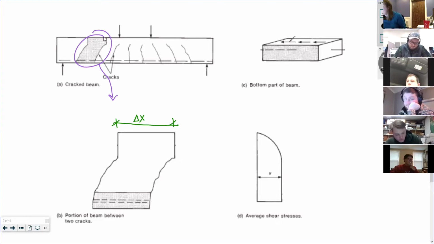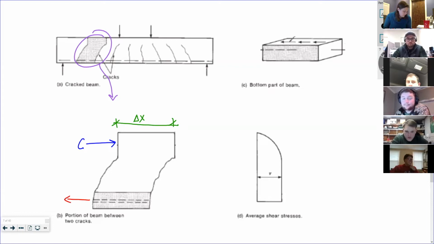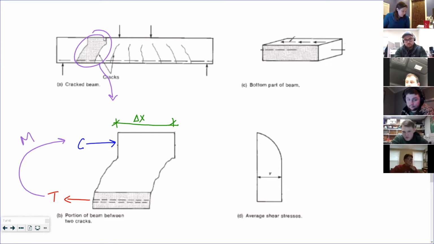If I look at the left side, I have a compressive force in my concrete and a tensile force down in my steel, causing a moment acting at a moment arm of jd.